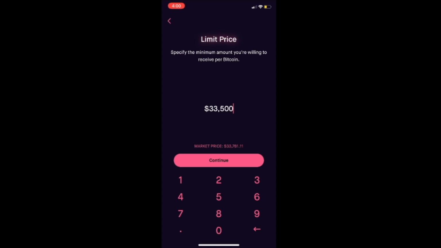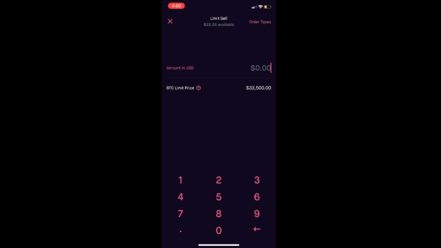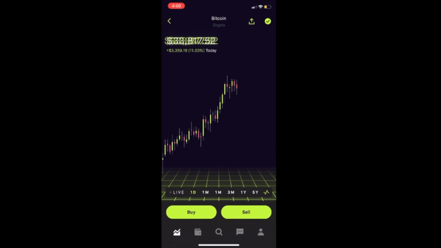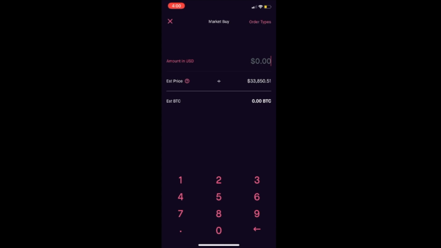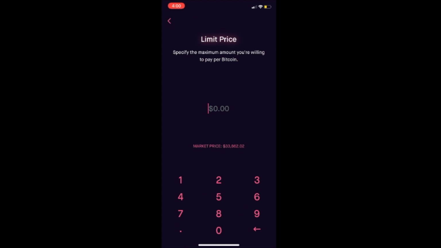For Bitcoin, I think it might go down to 33.5. I'm just putting a number in there, just throwing in $5. If it gets down to 33.5, I'm throwing in $5. I'm just doing this for the sake of demo instructions. There you go. So now if it drops down to 33.5, it'll actually put in that $5 for me.